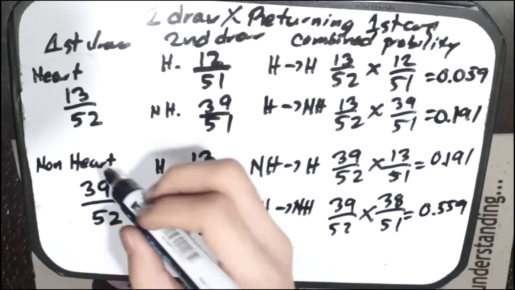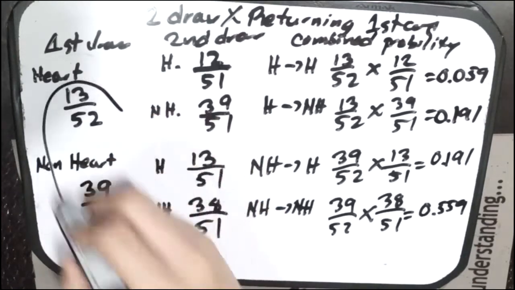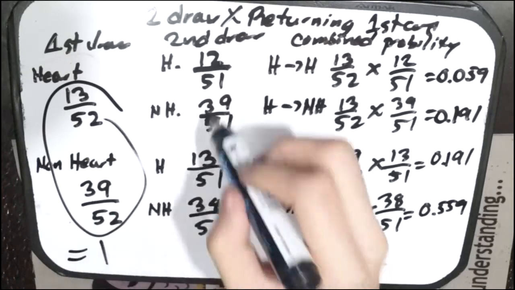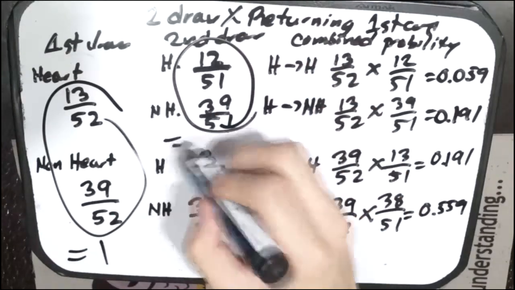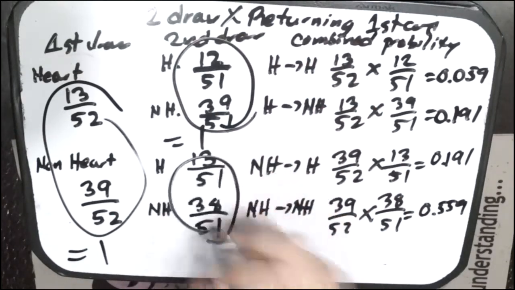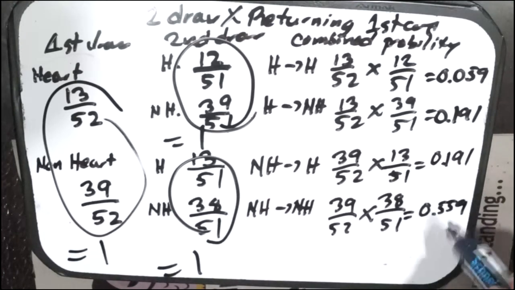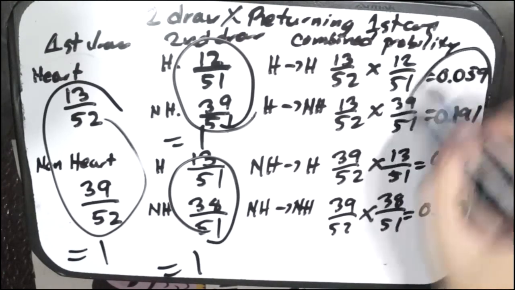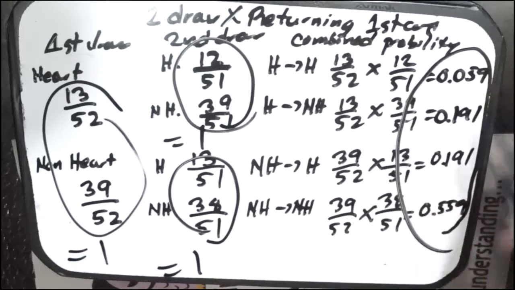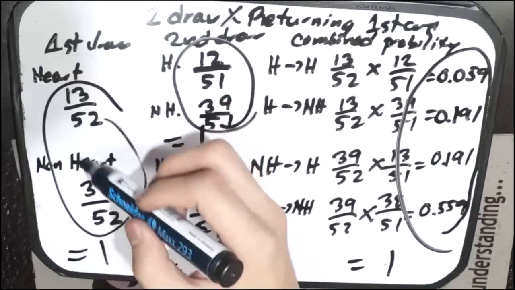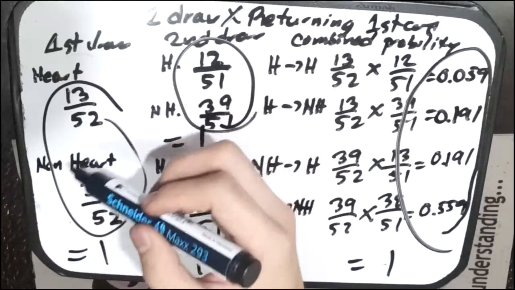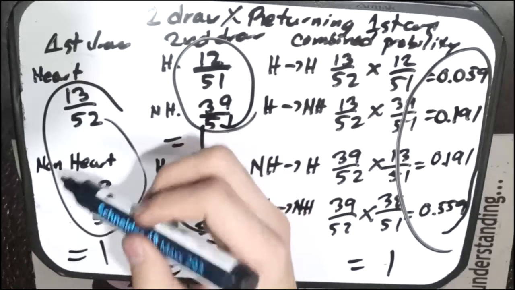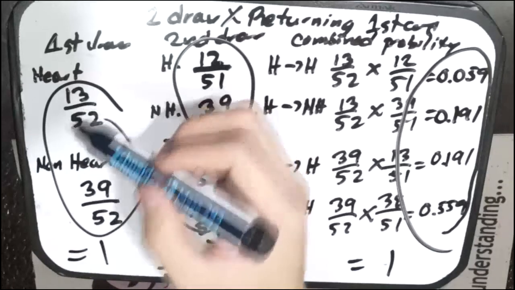What's neat is, if you add these, you'll get 1. And then if you add all the combined probabilities here, you'll also get 1, because these are the only two probabilities for drawing a heart or a non-heart on your first draw.